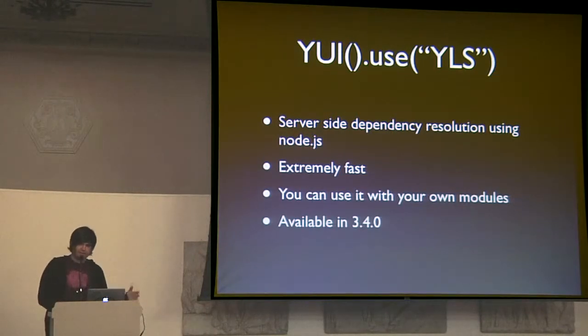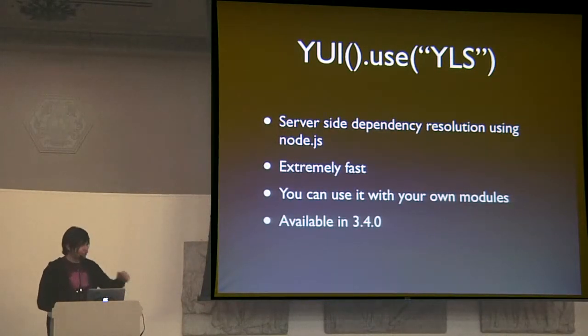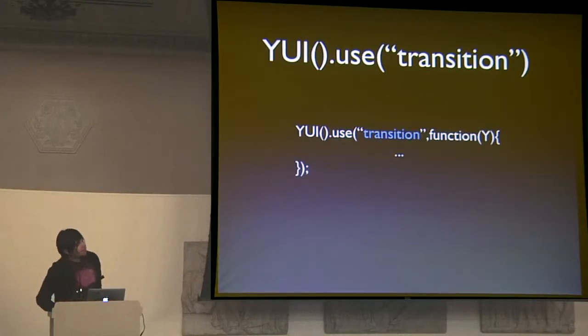It's using Node.js, and we also have a cache layer on top of that, where if you request a module that someone else has requested before, it will serve it from the cache. So it's gonna be extremely fast, and we think you're gonna love it, so keep an eye out for that in 3.4, YLS.